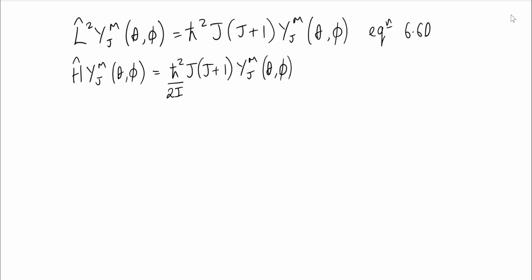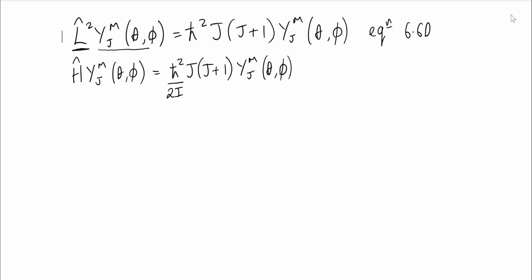Well, hello everybody. Let me take us back to where we were in the last presentation. We have two equations here. The one at the top is one where the operator is the angular momentum operator squared, and it's operating on the wave function y.